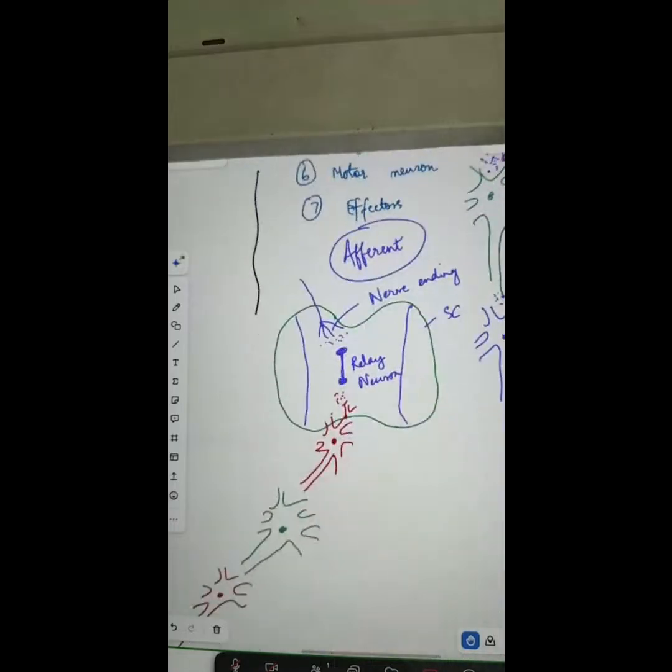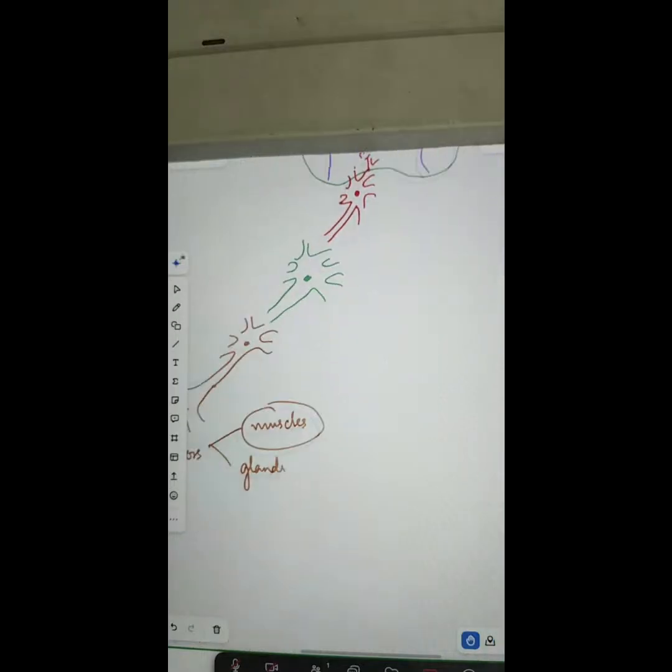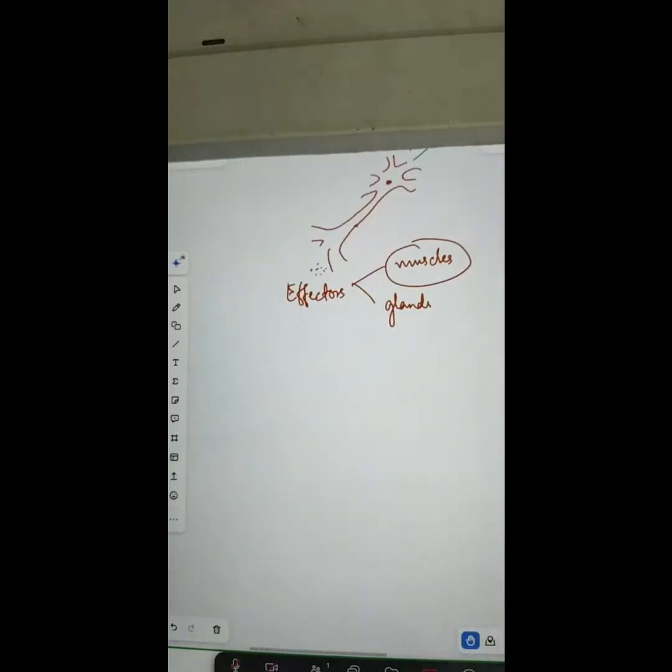So I have explained the functioning of all the parts. What is the stimulus? What are receptors? What are sensory neurons? What is a spinal cord? It's a part of the central nervous system, relay neuron, motor neuron, and the effectors. Now I will take an example of touching a hot iron or any hot object, right?